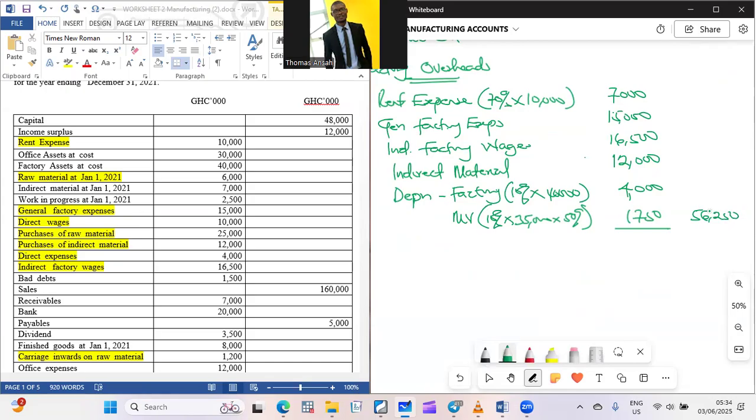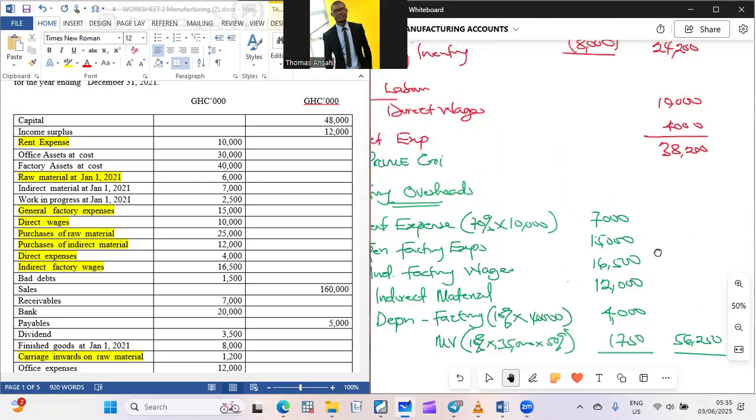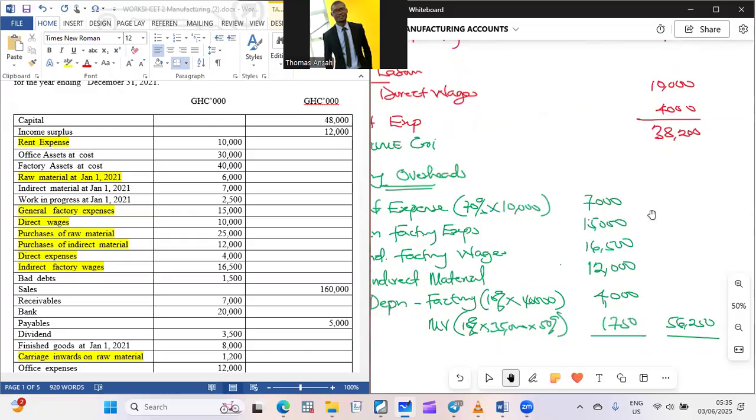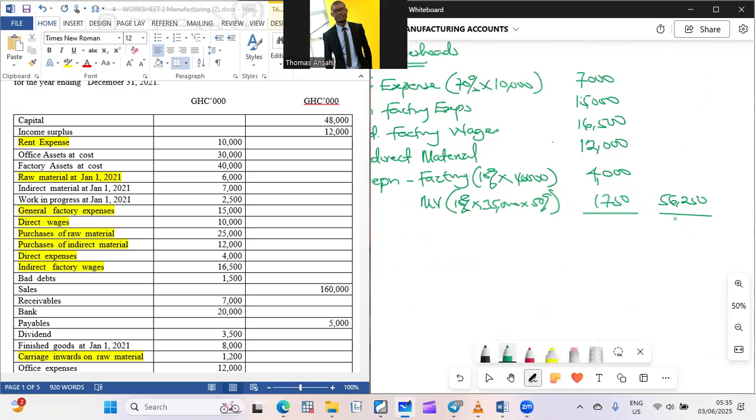And one thing is also to check your computation also very well, right? So that you don't make mistake also. So this 56,250, I'm adding it to my prime, which is 38,200. That gives me 94,450.